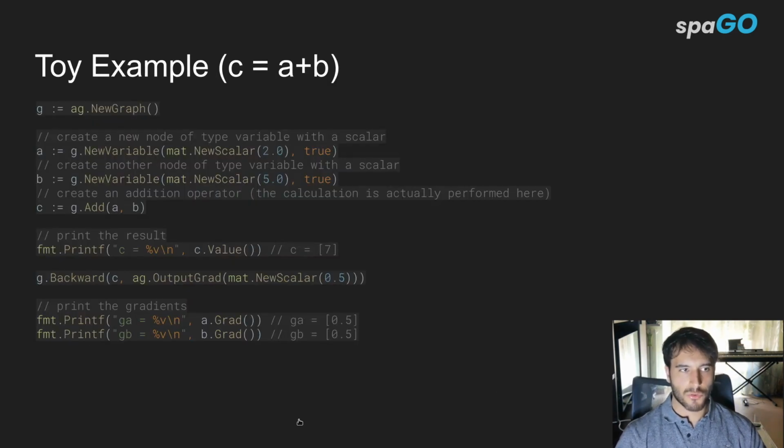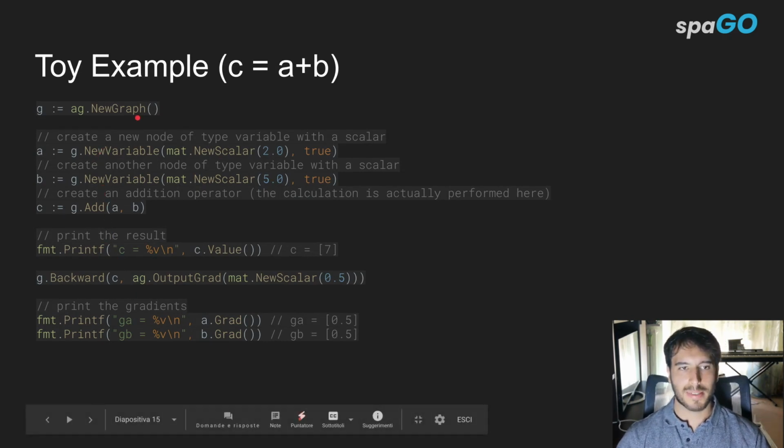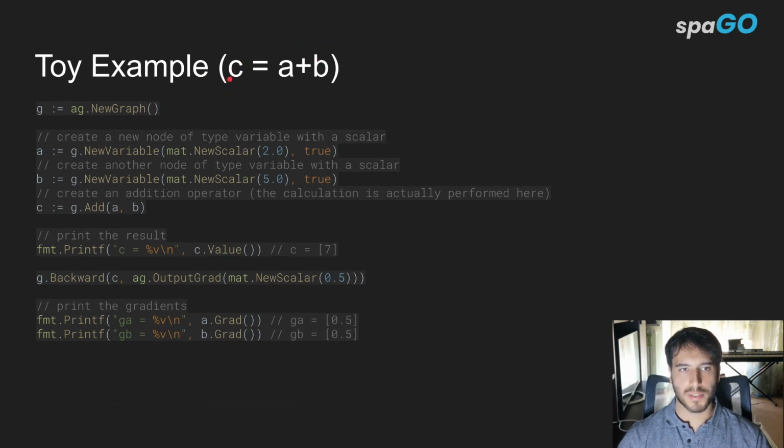To make things more concrete, a toy example to perform a simple addition. So this is the basic formula we want to solve, C equals A plus B. To do that, and especially to have gradients in case of backpropagation, we have to instantiate a new graph, we call G. Then we instantiate two variables, which are nodes, with G.NewVariable, wrapping, as I said, a new matrix, which is a scalar, with one single element this time, with value 2.